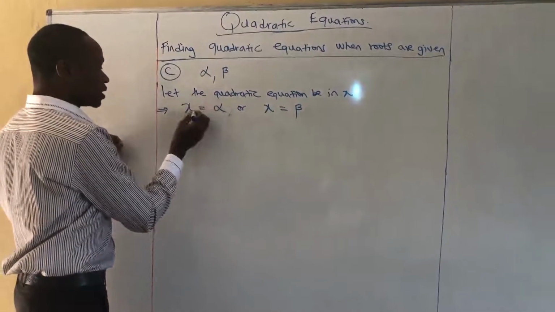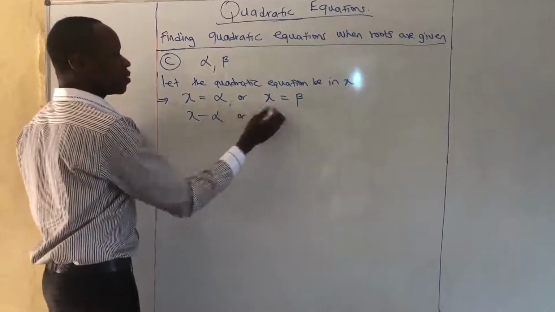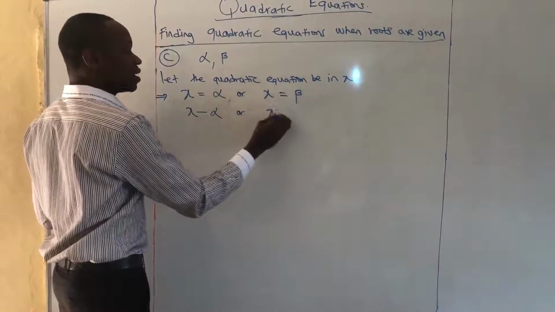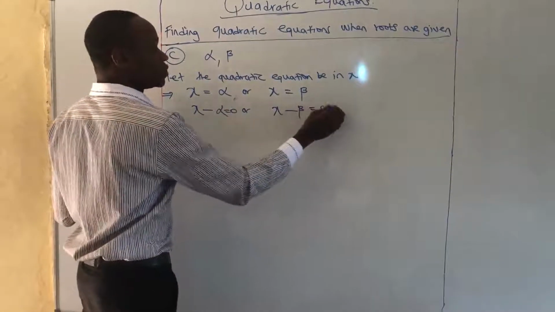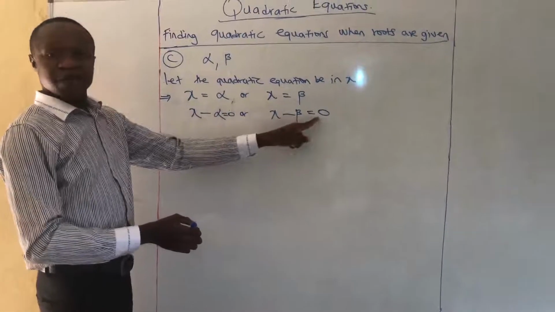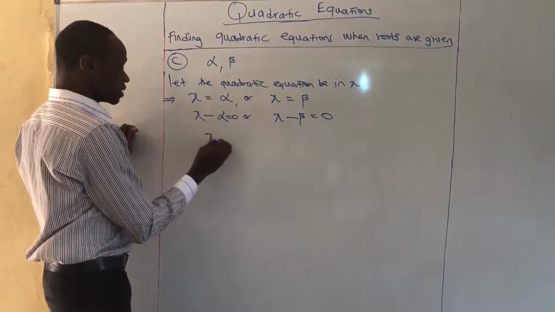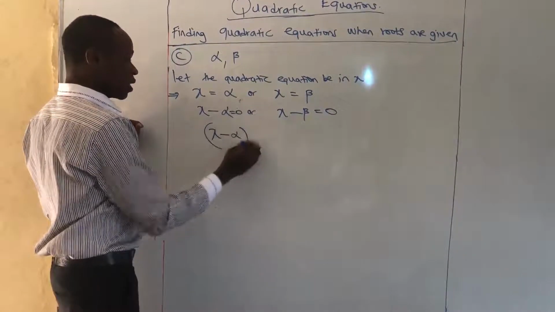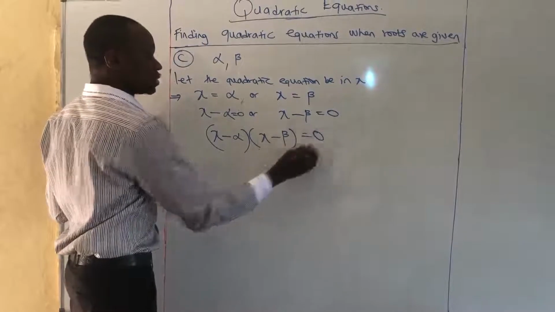If I bring positive alpha here, I'll be having X minus alpha, or bring this here, I'll be having X minus beta equal to 0. With this, I have equal to 0 and I have equal to 0. We connect this. It will give us X minus alpha with X minus beta equal to 0.